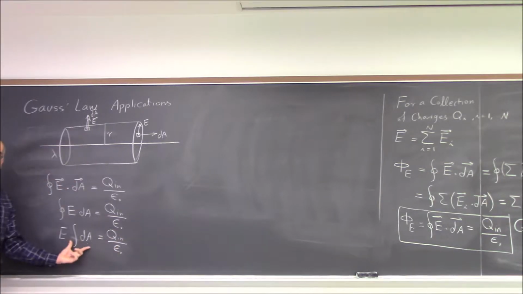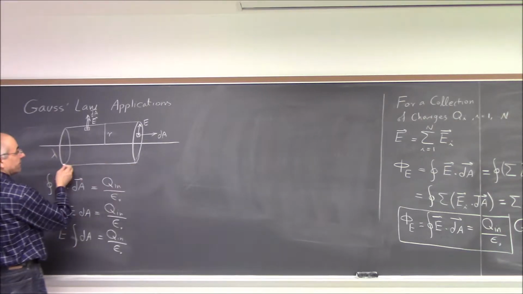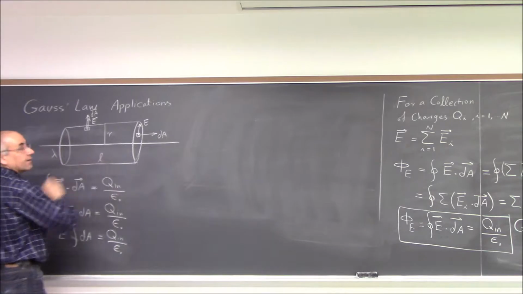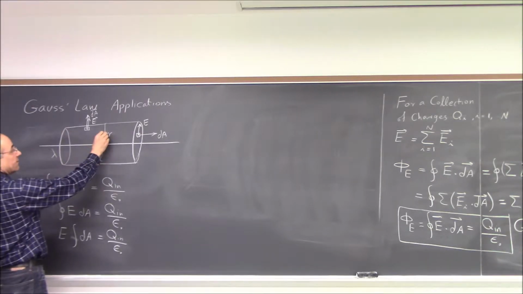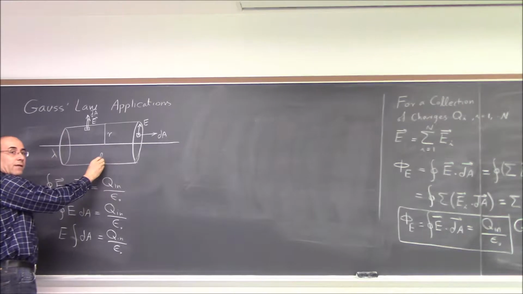Now, what is the integral of dA in this case? Let's say this cylinder has the length L. What is the area of this cylindrical surface? If it has a radius r and length L, what is the area?